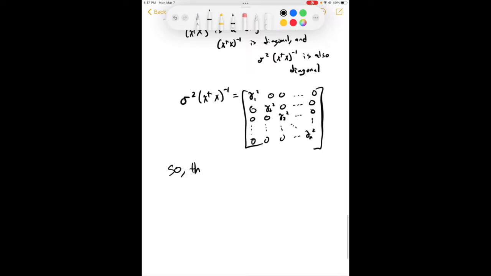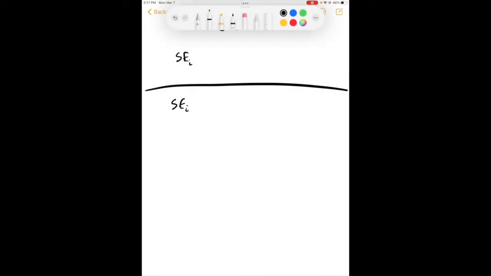So the variance of beta i is the ith term from the diagonal of that matrix. And that is where the standard error comes from. So now we have standard error sub i, and we're ready to proceed with our hypothesis test.